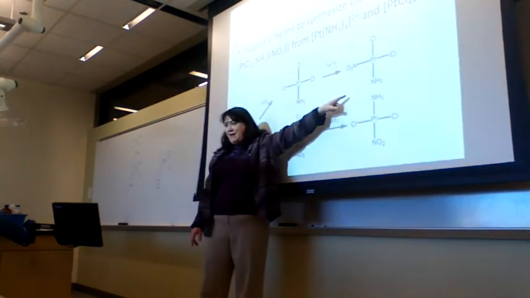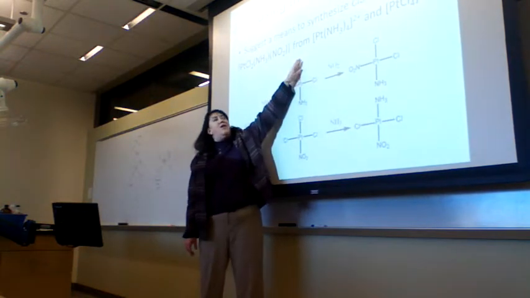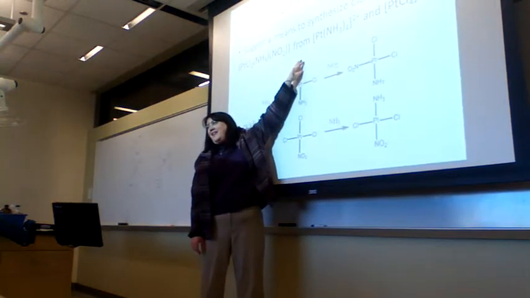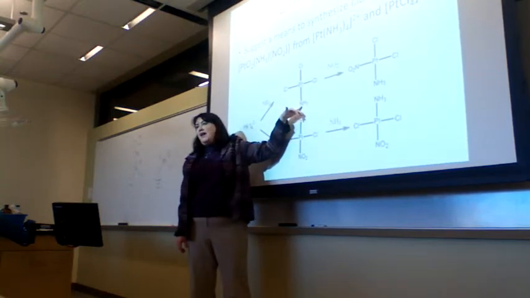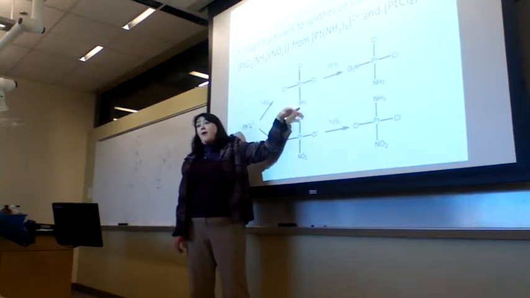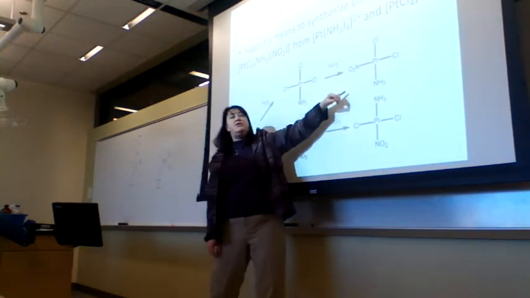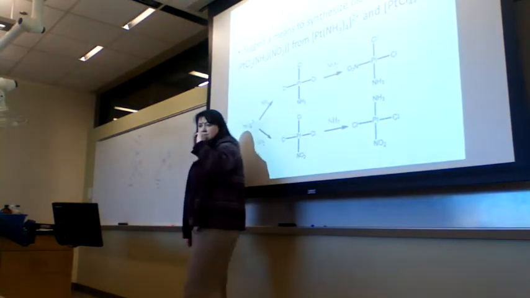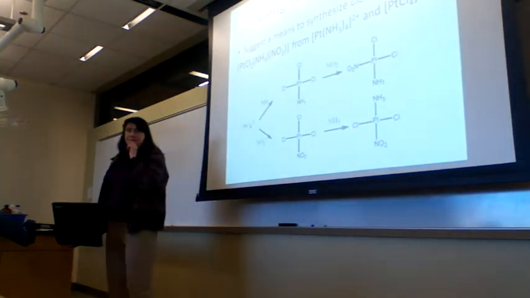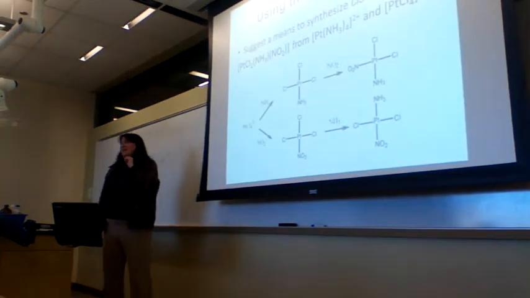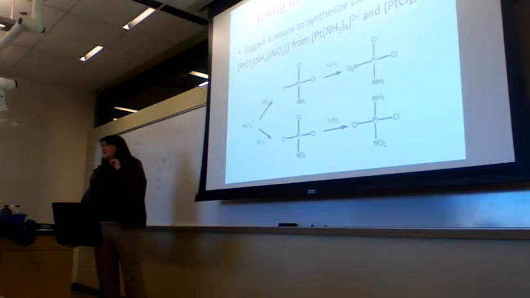Those would both lead to that product. Only problem would be if it replaced opposite of this chlorine, which would then lead to our NO2 here, not the product we want. So there'd be two possibilities of making this structure. Questions?